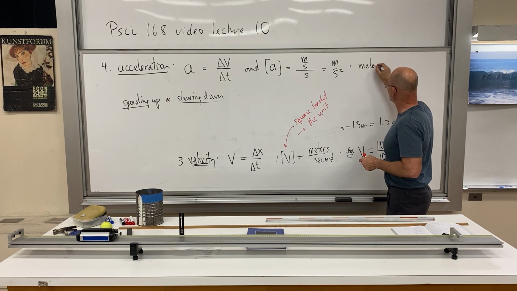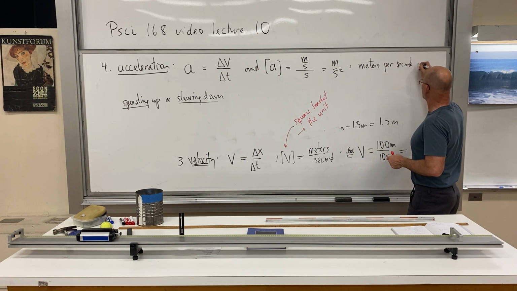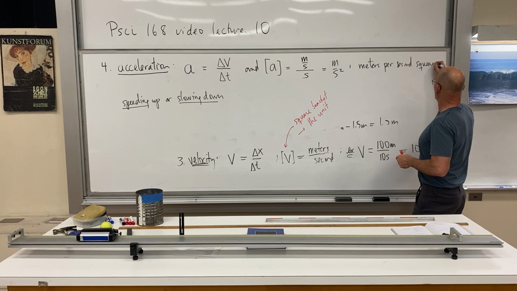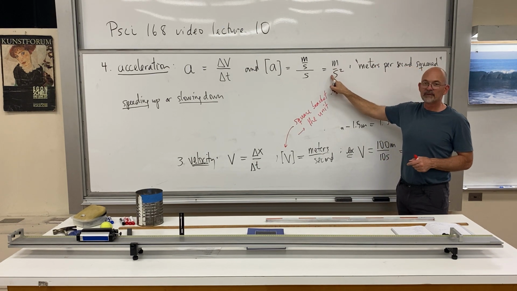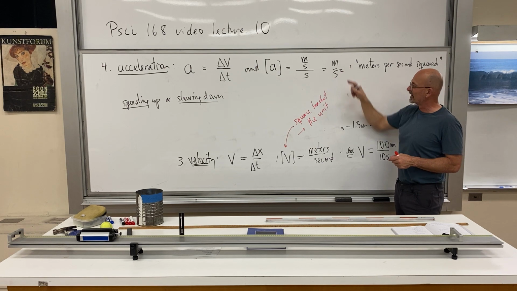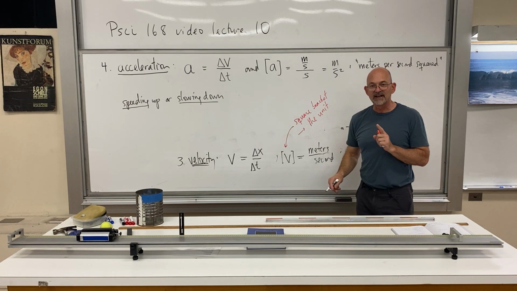Let's go ahead and write that out as well. Meters per second squared, and when we say that, we mean exactly this: a meter divided by seconds to the second power, second squared. So what's an example of accelerated motion?